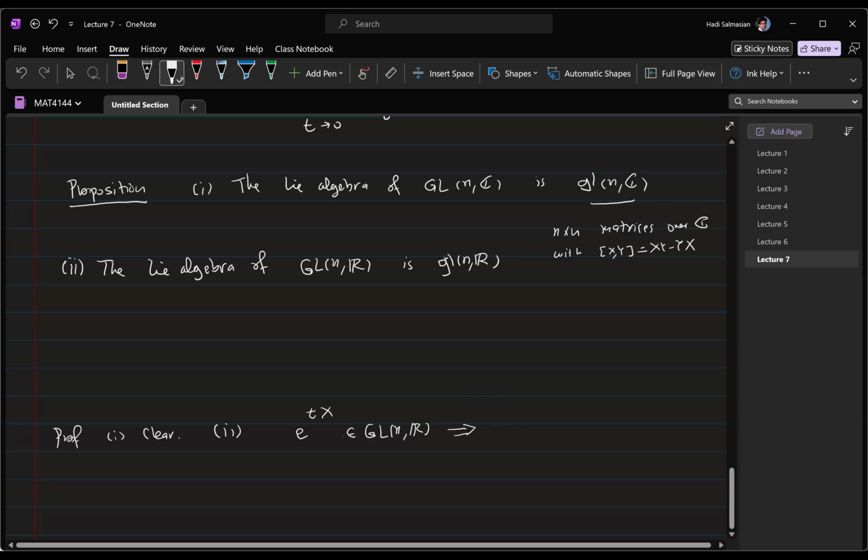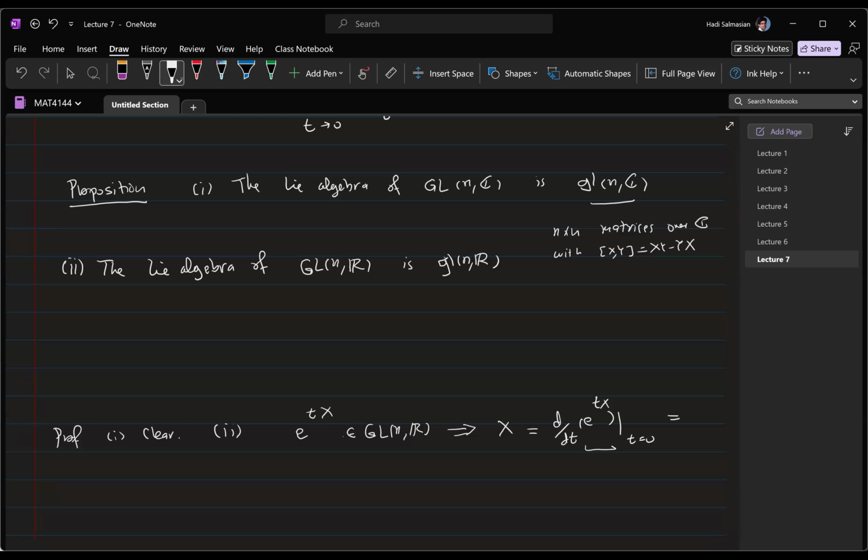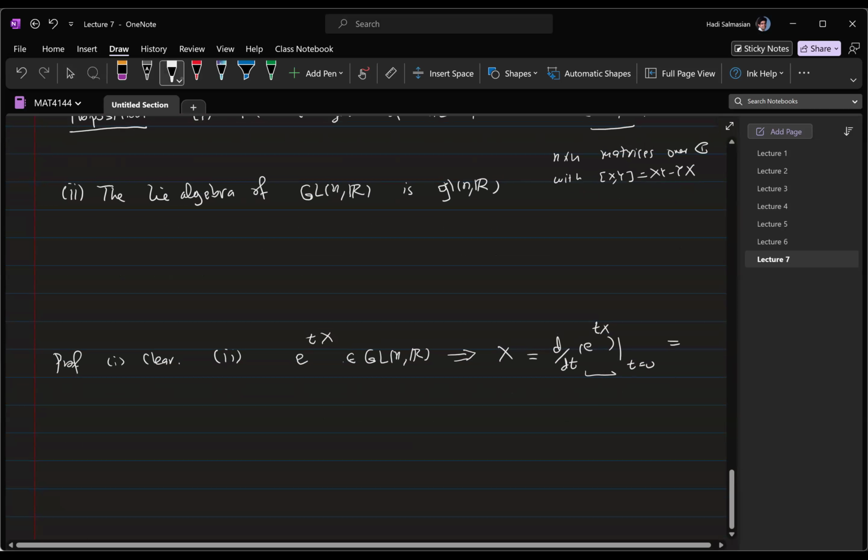So it happens that x, as we know, is the derivative of this one parameter subgroup at t equal to 0. But now this is a derivative of something which is real, like of real matrices. It's in the subspace of real matrices. So the derivative will still belong to the subspace of real matrices. So I just write M n R, and as a consequence, the result is in M n R.